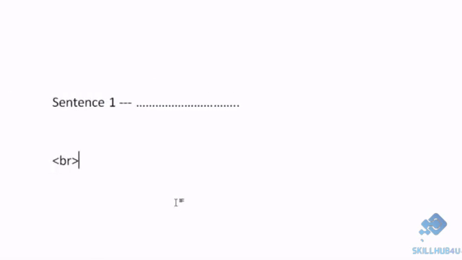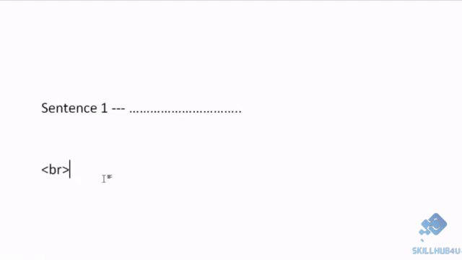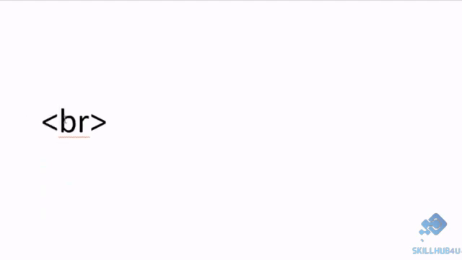Now, break tags, you'll see them sometimes and they'll look like this. I talked about this previously, and I might have shown it to you previously, but they typically look like this. So let me make it a little bigger here. They have the brackets around them like usual, and then they have BR. So BR lowercase, BR capitalized, it doesn't really matter.